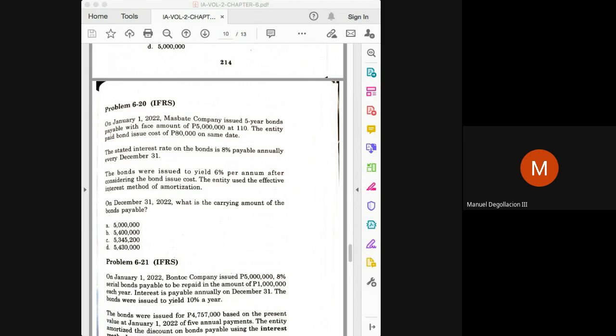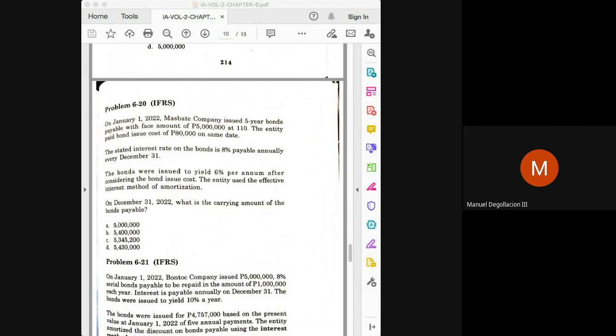Compare the interest expense with the fixed interest payment. How much is the fixed interest payment? That is simply the face amount of the bond multiplied by its stated rate. How much is the stated rate or the nominal rate? It's 8%.